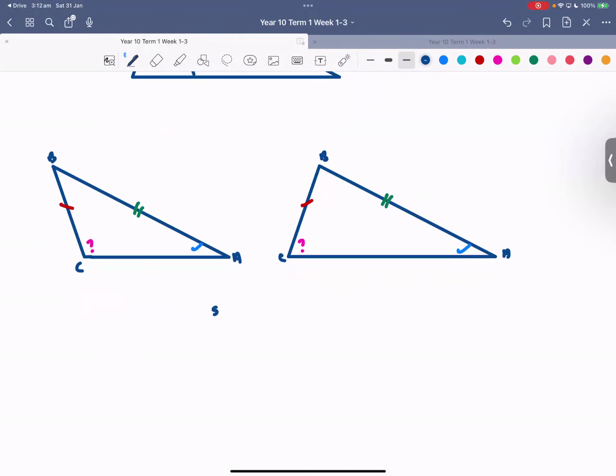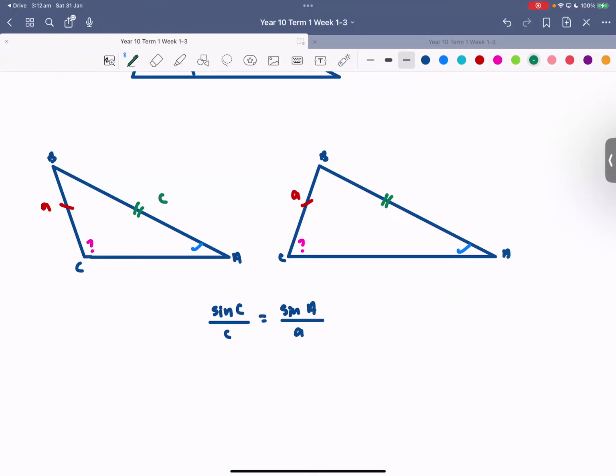My working out would be sine C divided by, what's opposite that? Side length C, equals, and technically I could say sine A divided by side length A. For those that don't get it, this is side length A and they're both the exact same size. For those that don't get it, this is side length C, they're both the exact same size.